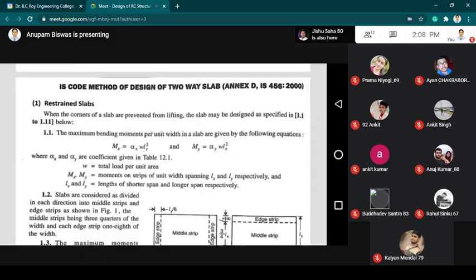The first option is that we have to calculate the maximum bending moment, and that calculation for the slab is done per unit width of the slab by the equation Mx equal to alpha x into W Lx squared.